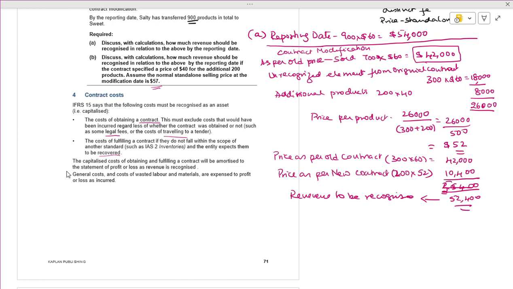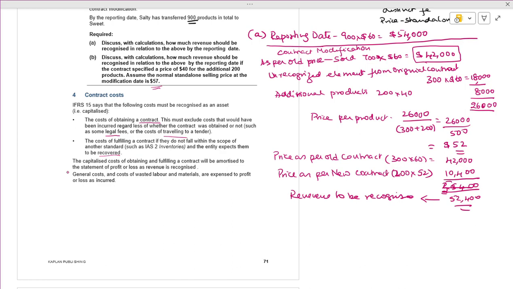If that is the case, then the entity expects them to be recovered as such. Inventory happens only when you are making a commitment and you are starting the contract. The moment inventory comes as an input cost is at the second stage, not in the first stage. That is the reason we should think about the capitalization.